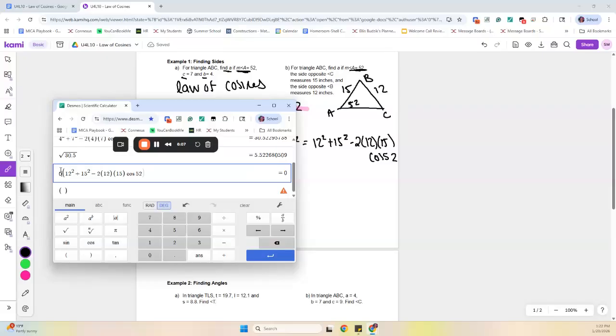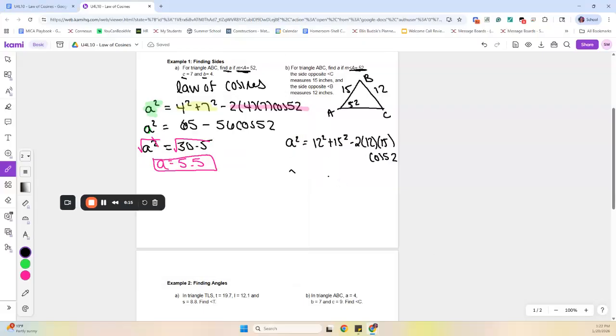Oh, hang on. Gotta fix it. I had too many parentheses going on. Okay, so I get 147.4. That's a big difference. So A squared equals 147.4.